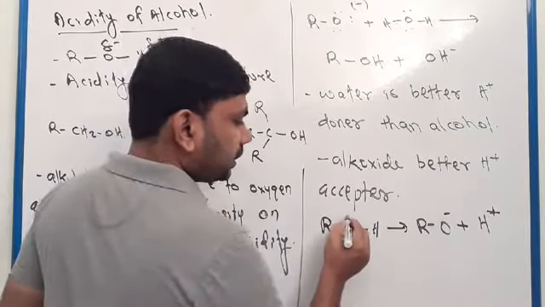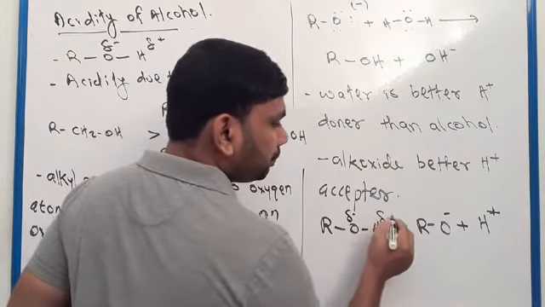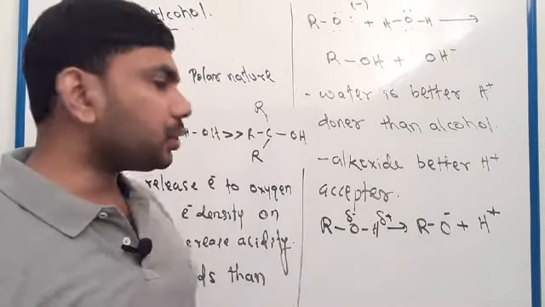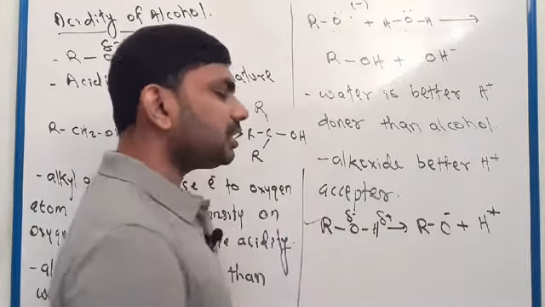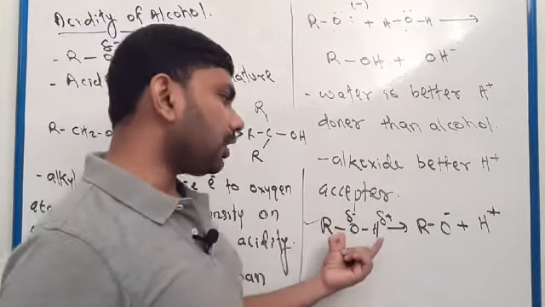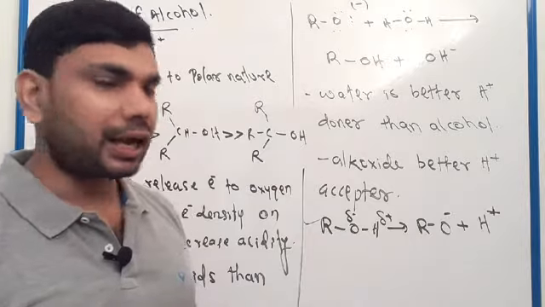Here oxygen is partially negative and hydrogen is partially positive, so alcohol is polar in nature. Because of this polar nature, alcohol shows acidic character.